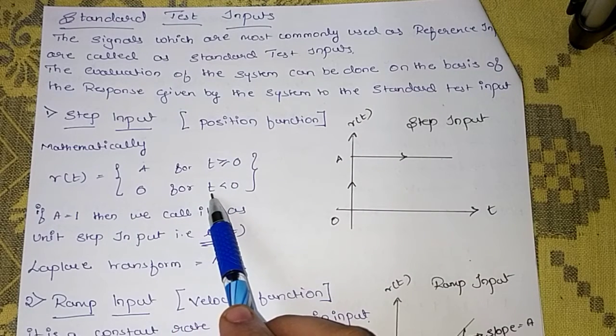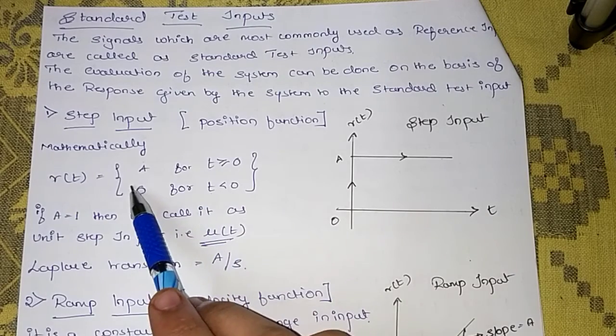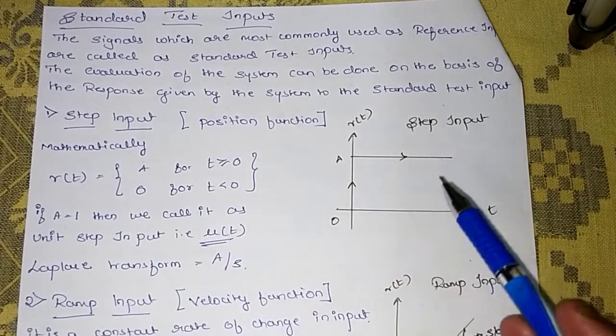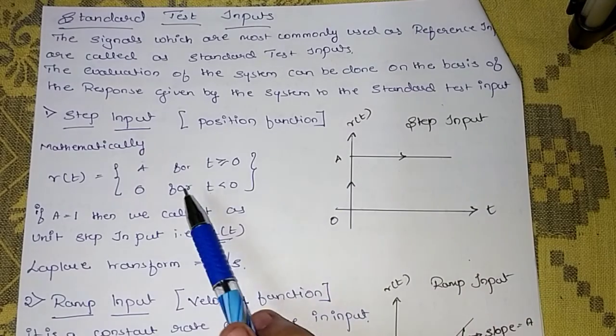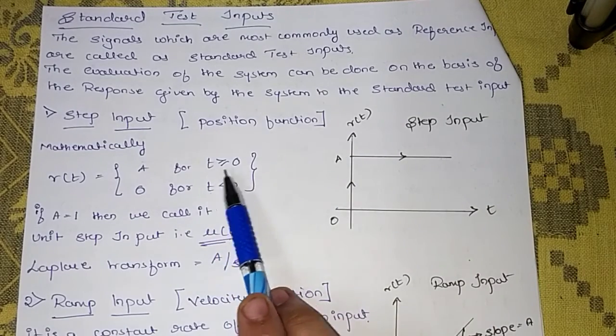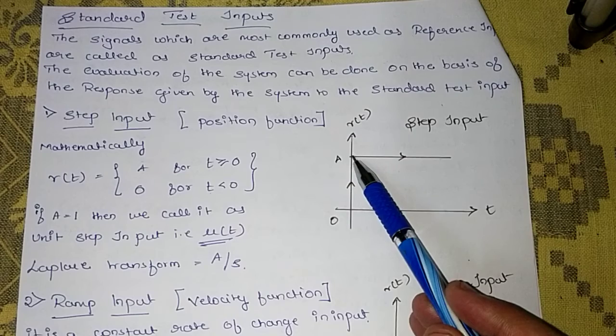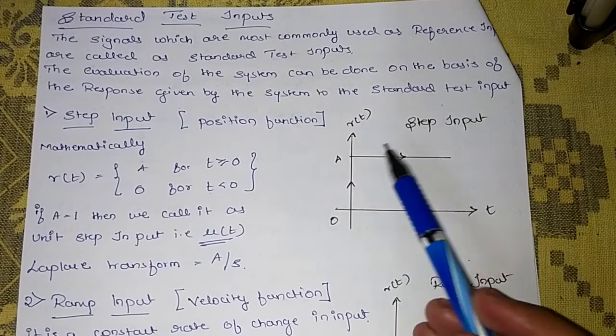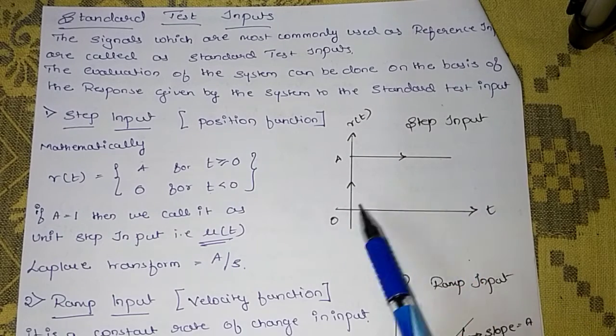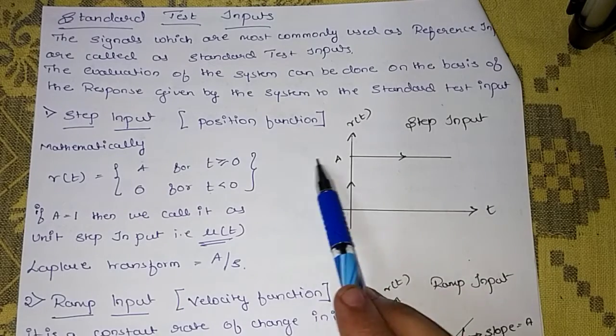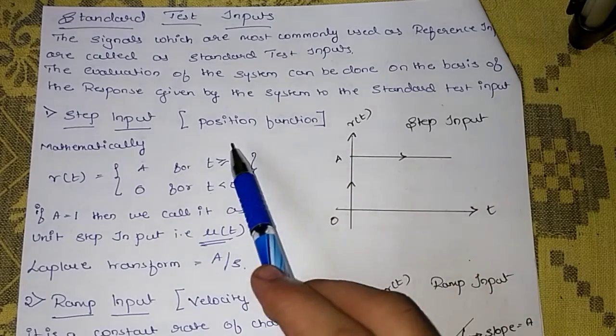If the time is negative, the signal is 0. Graphically, here see, a for t greater than or equal to 0. If t equals 0, the value is a, and for t greater than 0 the signal is there. For t less than 0, no signal is there. Okay, so we call this a step input.